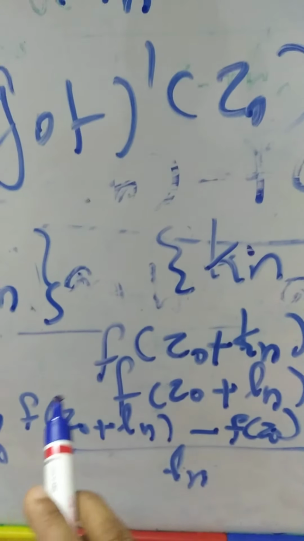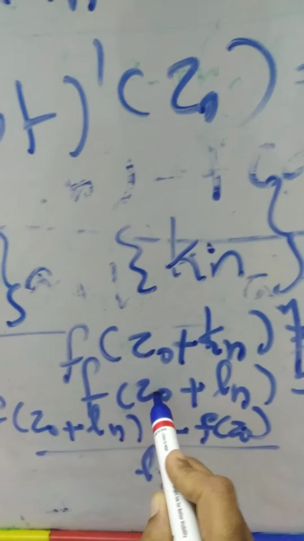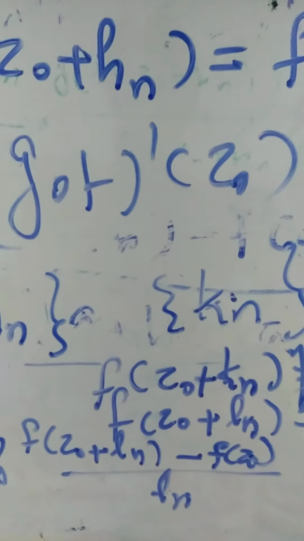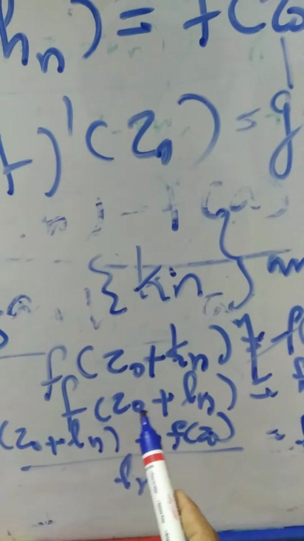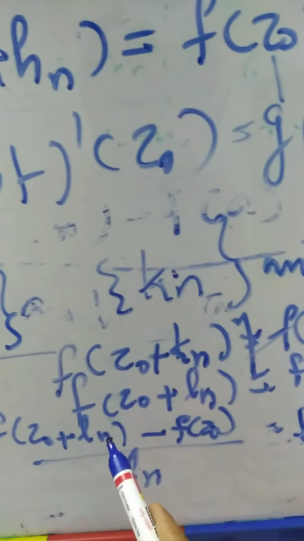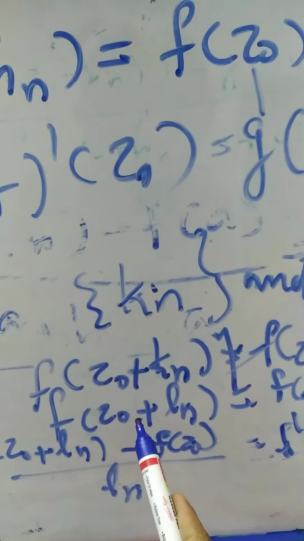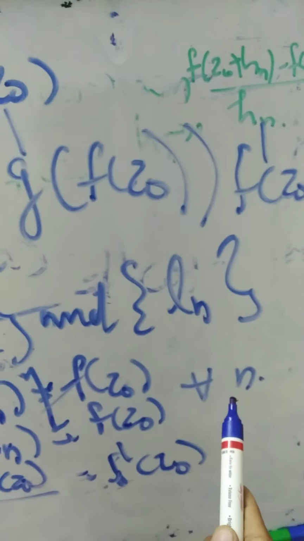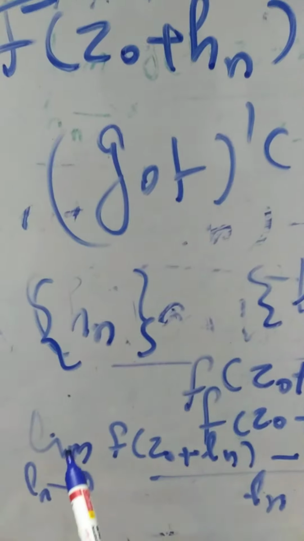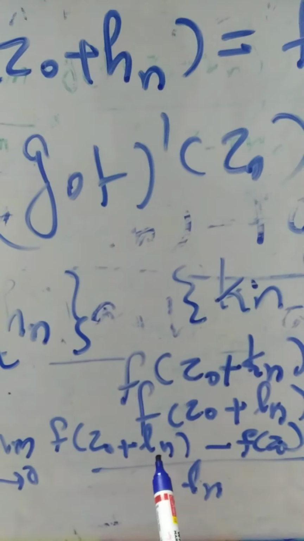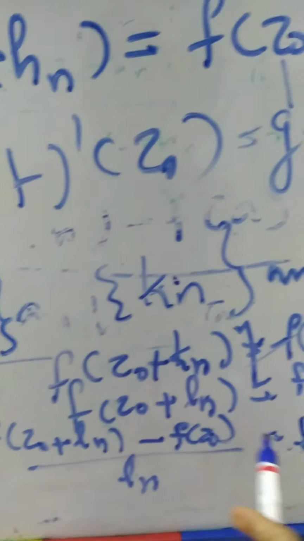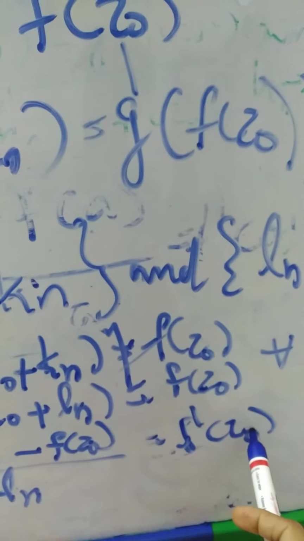But here your assumption is f(z naught + l_n) equals f(z naught). So what will happen to this limit? f(z naught + l_n) minus f(z naught) equals 0, since you are assuming f(z naught + l_n) is equal to f(z naught) for every n. Actually, this is the derivative of f at the point z naught.